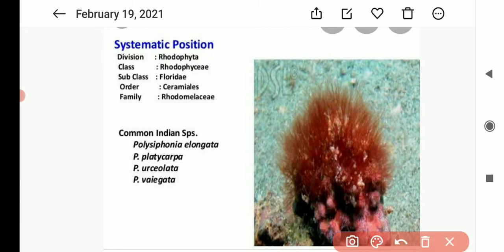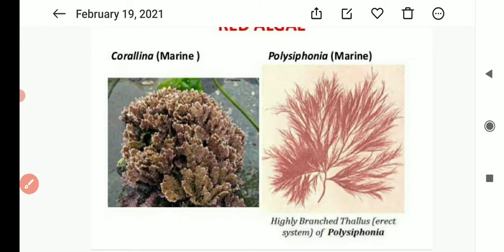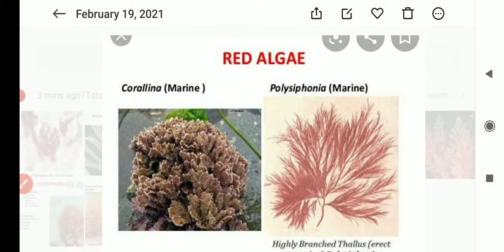Now in India, we have red algae. This is the species Polysiphonia elongata. We have red algae, and the other examples we have, you can read for yourself here. Now these are other pictures of red algae.